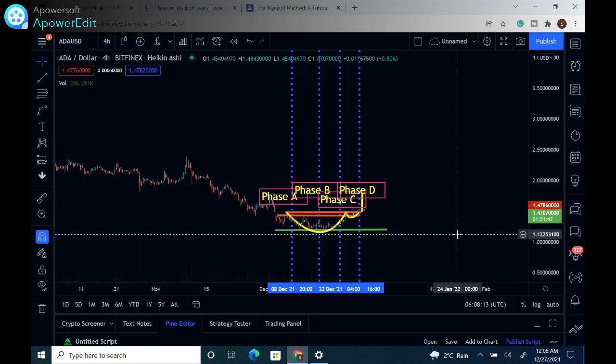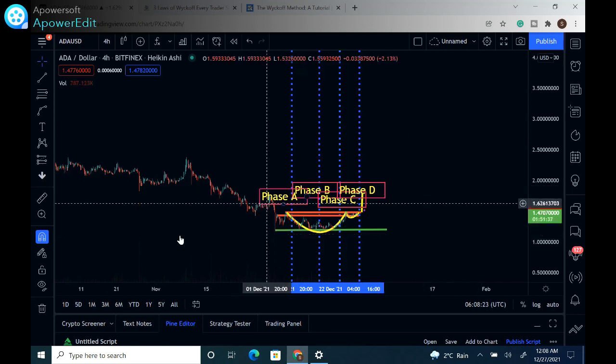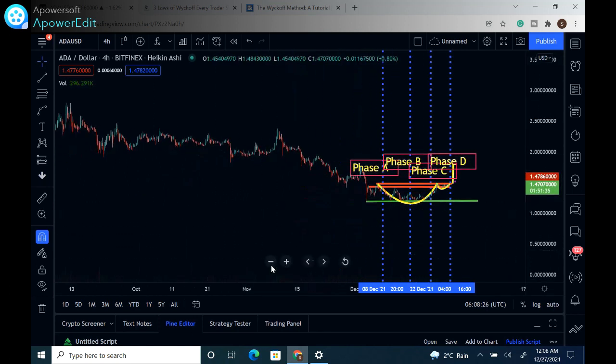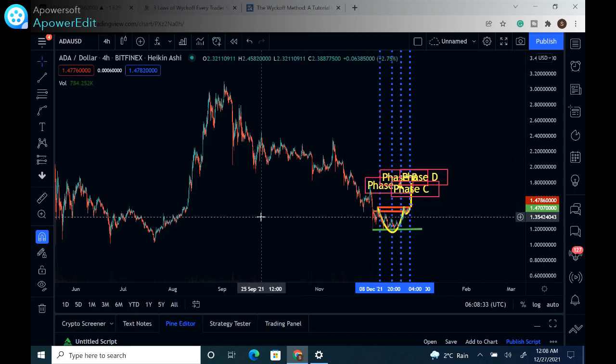So I am expecting that Cardano price would reach the 20 to 30 USD range in 2022. And another reason why I am so bullish on Cardano.